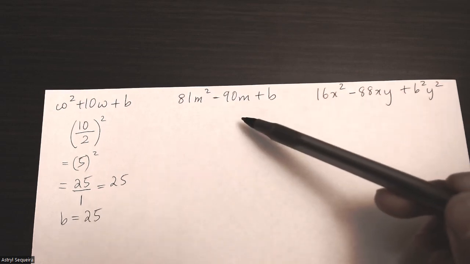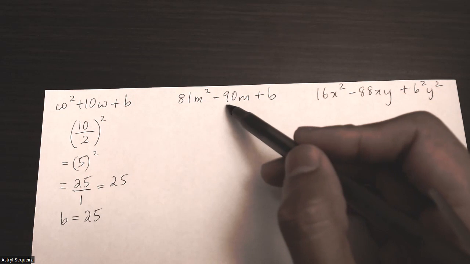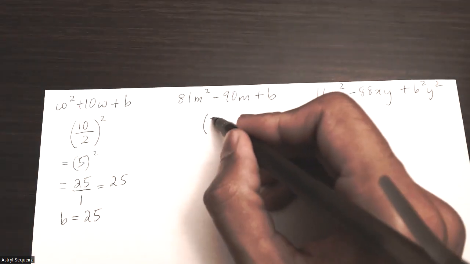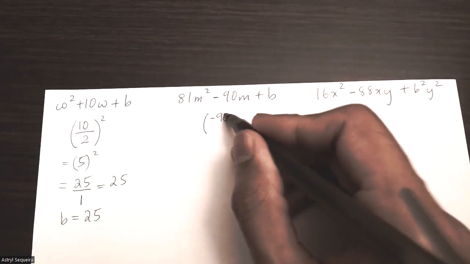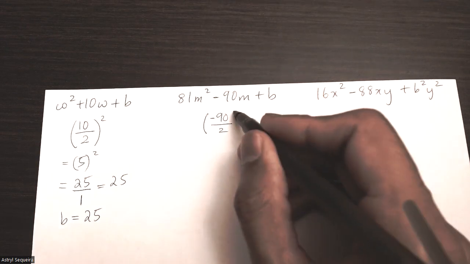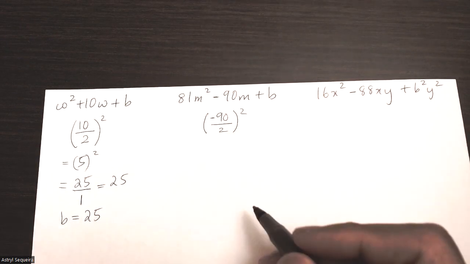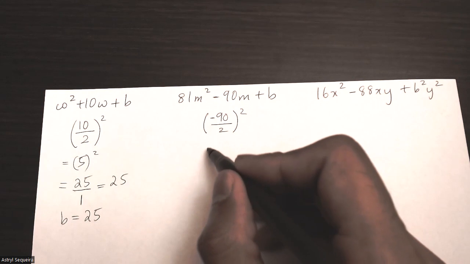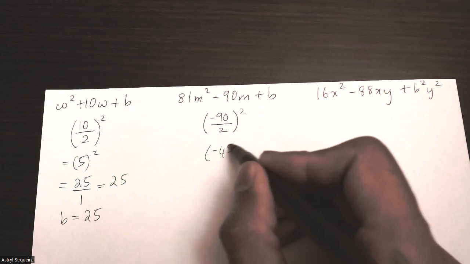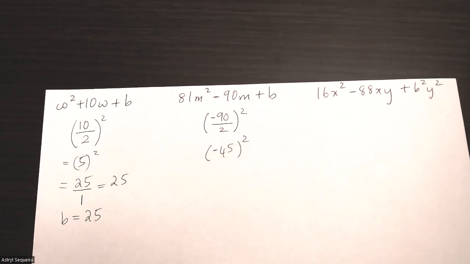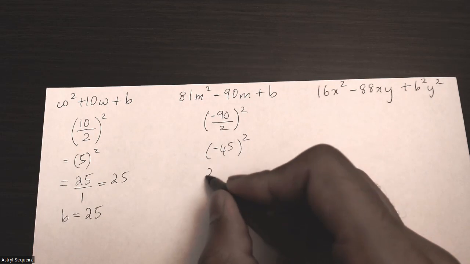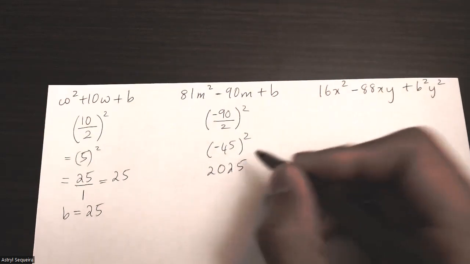Let's follow the same method for this one. I'm going to take my term in the middle, negative 90. I'm going to divide it by 2, and I'm going to square it. Negative 90 divided by 2 is negative 45. Negative 45 squared, I'll do that in a calculator. That's way too big to be doing mentally. That's 2025.